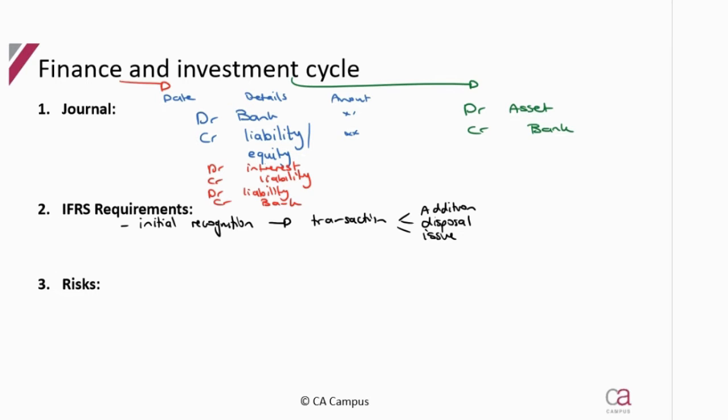Any of those would be the transaction which needs to be recorded initially in order to get the entry into your accounting records, but then there would be your subsequent measurements. And again, in terms of your IFRS requirements, what is the model that's been chosen to subsequently measure? Have you gone on a cost?